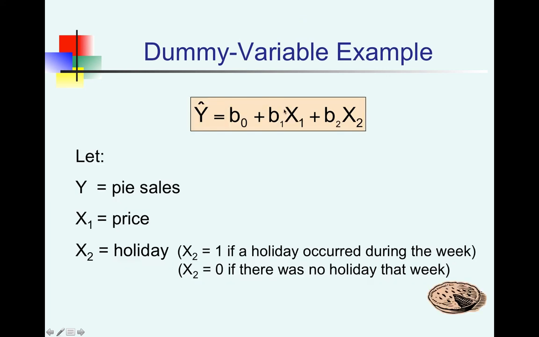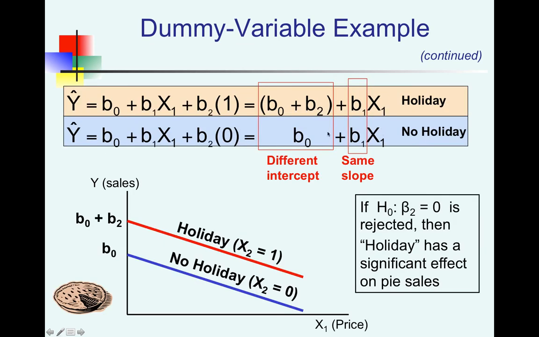So price is x1, pie sales is y, and x2 is holiday. I'm going to ignore advertising for the moment. When x2 equals 1, this formula gives just b0 plus b1x1 plus b2. Because x2 is either 0 or 1, there's no x2 left, and the coefficient just combines with the intercept.